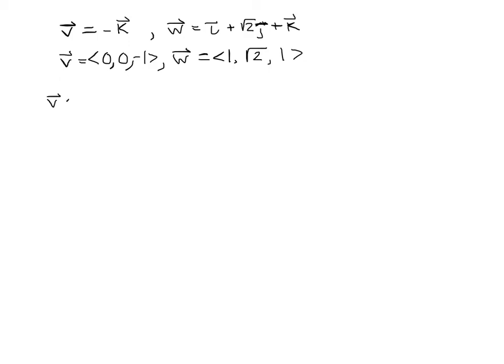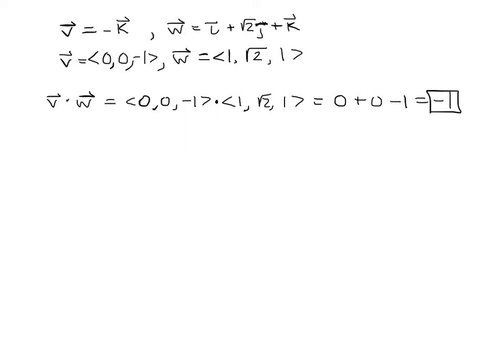All right, let's find the dot product. So the dot product, if we take 0, 0, -1, and dot it with 1, root 2, 1, then we get 0 times 1 is 0, plus 0 times root 2 is 0, plus -1 times 1 is -1, and so our dot product is -1.